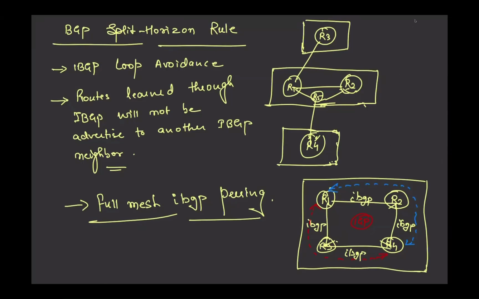So one thing is a lot of configuration you need to do. What is the other issue? Since we have multiple peers, if there is a change in the routing table or any addition or deletion of any route, it should be populated to all the routers.